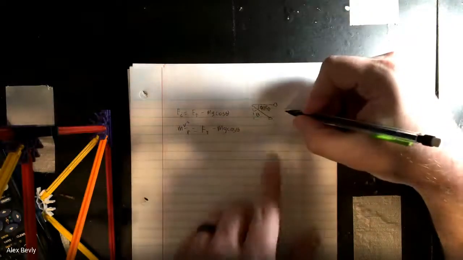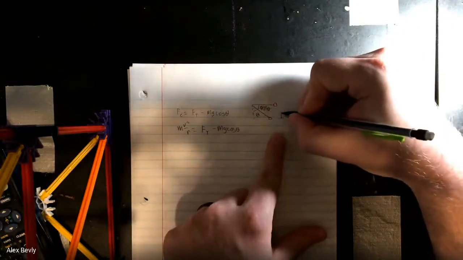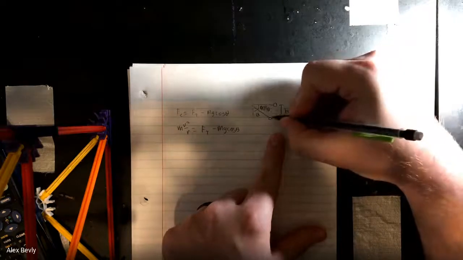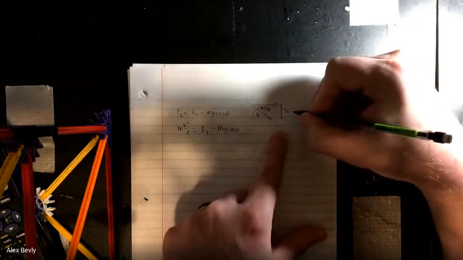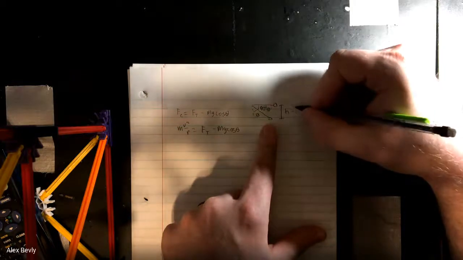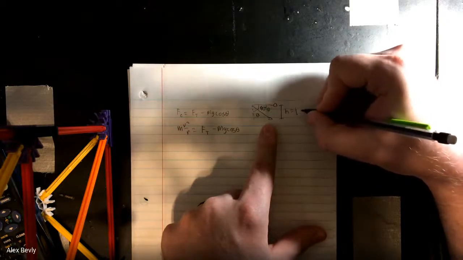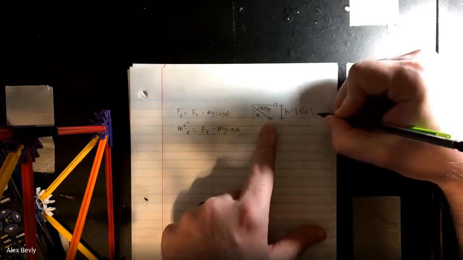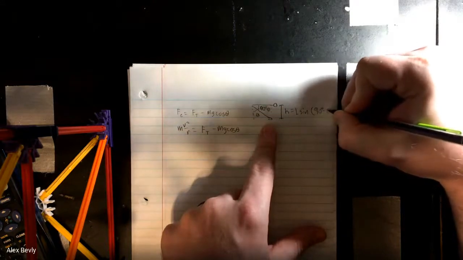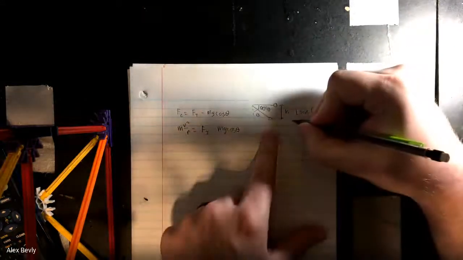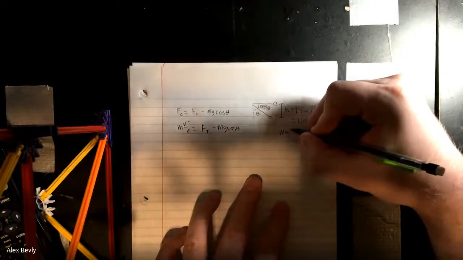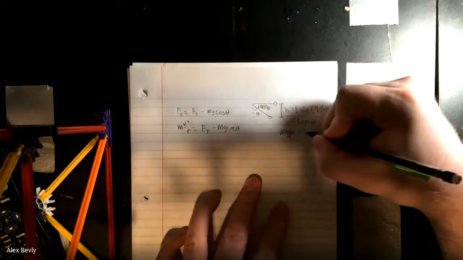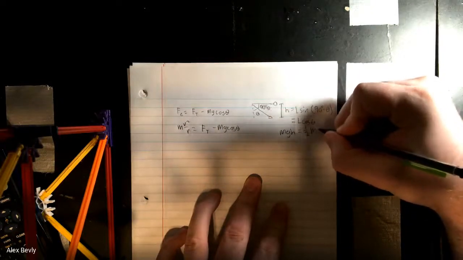The height here would be the opposite, and opposite is going to be sine. So your height would be equal to the length times sine of 90 degrees minus theta, which should just be cosine, right? Then we could substitute this in where mgh is turning into kinetic energy.